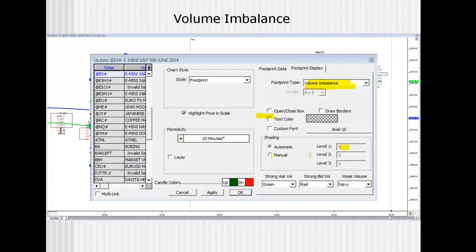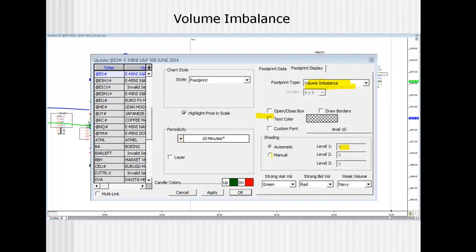Do I have more in favor of the upside, even though they may be lighter or less intense, or do I have more in favor of the supply side, or the negative, or the sellers in the market? So that is the basic idea behind the imbalance.